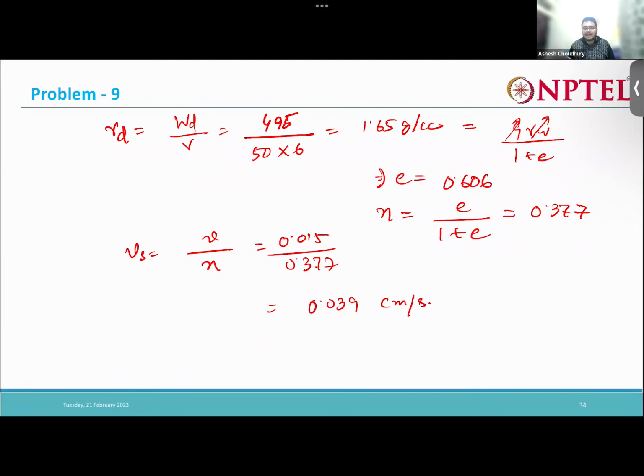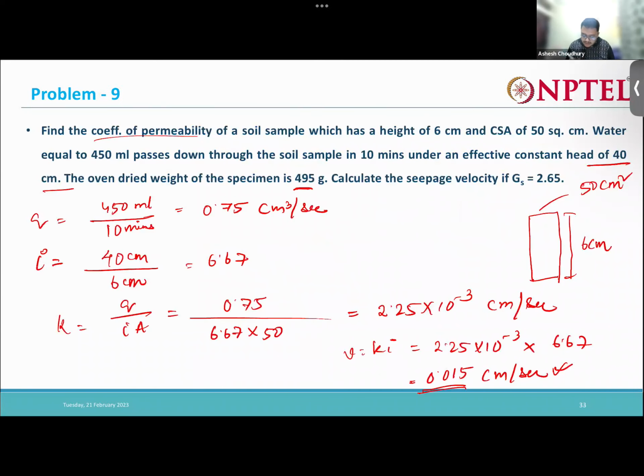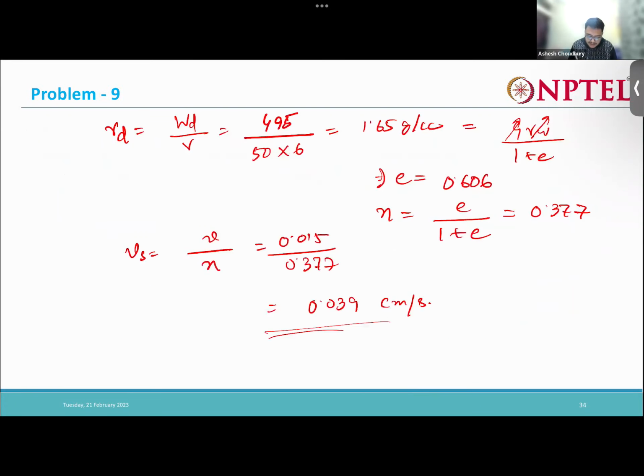So you can clearly see that the seepage velocity is greater than the normal, average velocity. Here it was 0.015 and my seepage velocity comes out to 0.039. So it's obviously greater.